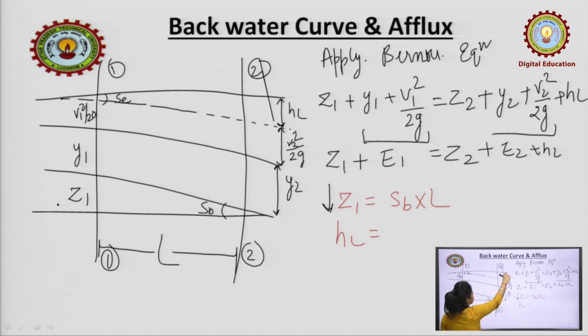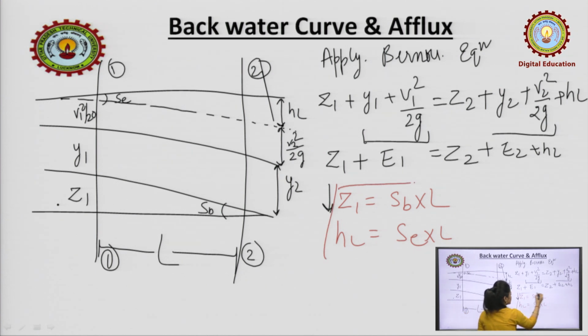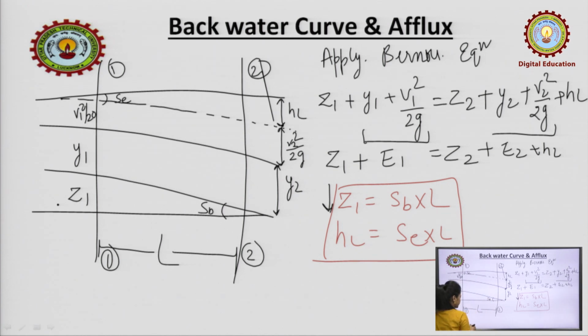How are we going to calculate HL? It can be SE into L. Let us substitute these values in the above equation. What are we getting? And this Z2 tends to 0. It does not exist.